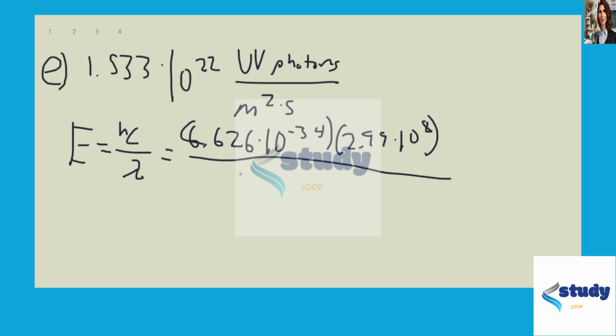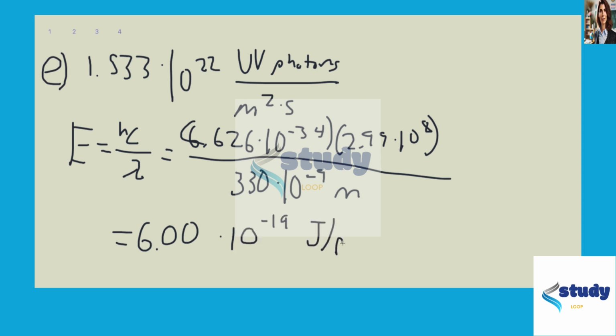Then it says to assume the wavelength is 330 nanometers, so we multiply that by 10 to the minus ninth to get the answer in meters. Thus we find the energy of a single photon is 6.00 times 10 to the minus 19th, and that's joules per photon. These are also UV photons, as with the 1.533 times 10 to the 22nd.